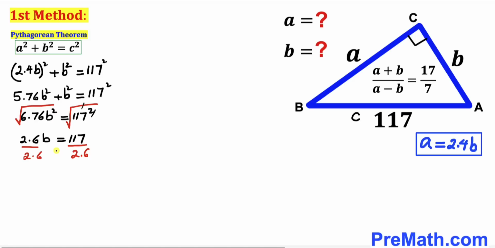Now I am going to divide both sides by 2.6 to isolate lowercase b. The 2.6 and 2.6 are gone. So our lowercase b value turns out to be 45.